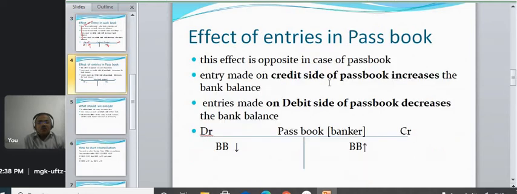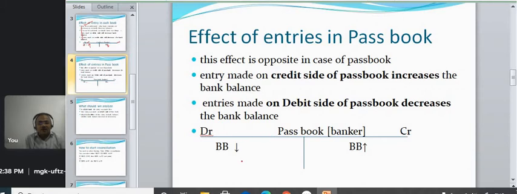Now let me go to the passbook. The passbook is from another person, that is the banker. Obviously, the transaction comes on the opposite side, so the effect is opposite in the passbook. If you see this slide, as per passbook, what is the effect?